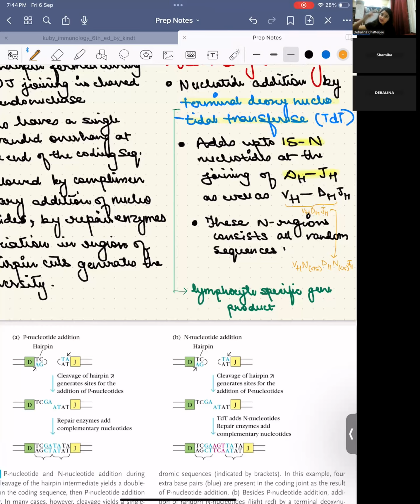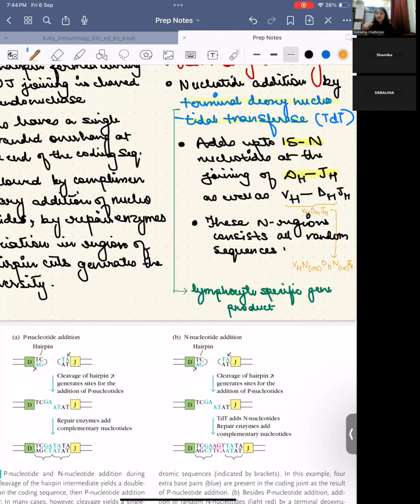But during every process of recombination, such additions of nucleotides happen. If as a consequence of nucleotide addition we have a non-functional product forming, the cell is going to die, because if it cannot make useful antibodies, we don't want the cell.